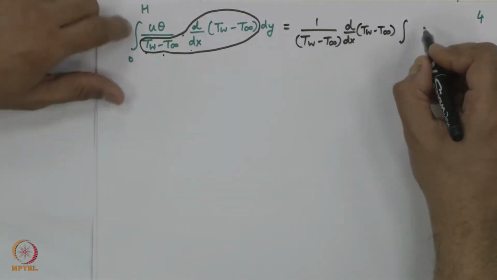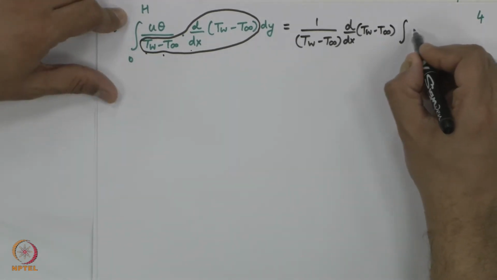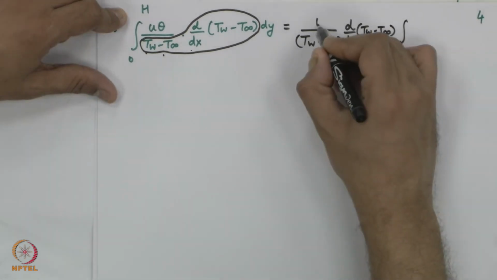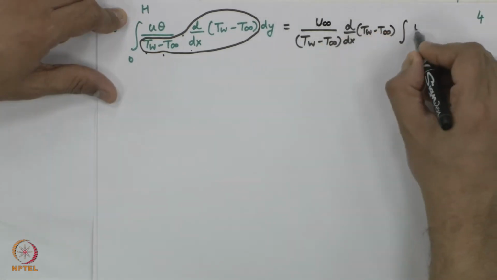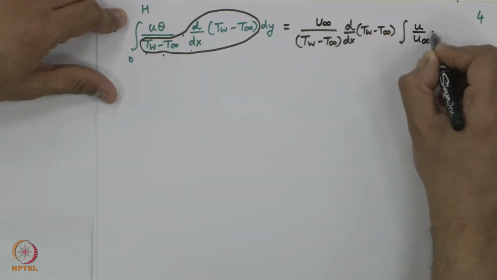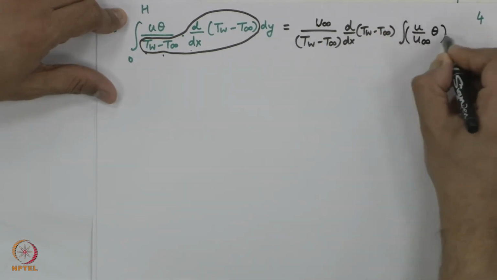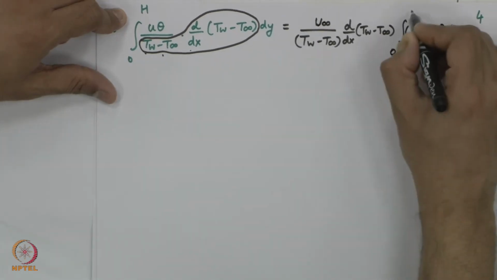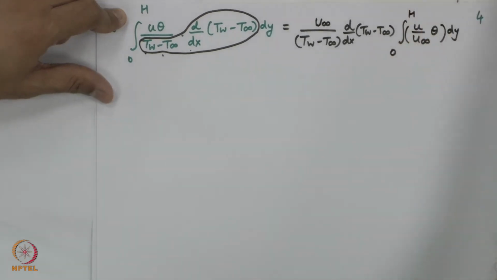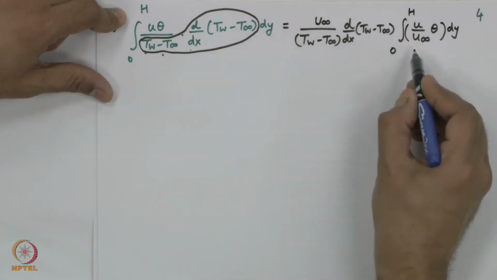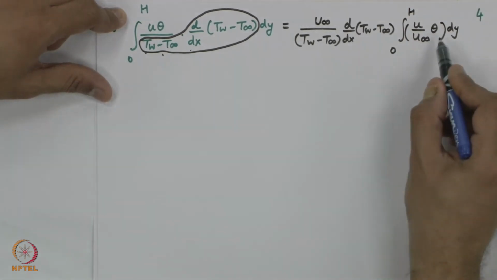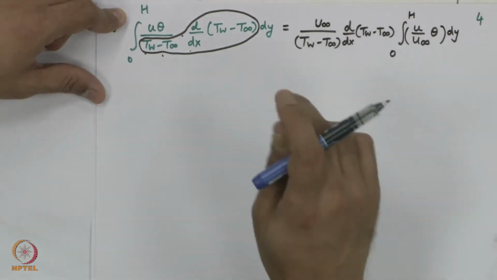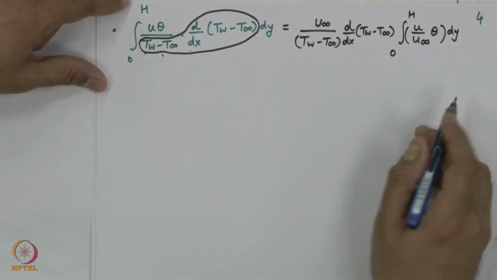Then I do exactly the same thing. U theta, I multiply and divide by u infinity, so u infinity times the integral of u by u infinity, theta dy from 0 to capital H. I hope you understood. Multiplied and divided by u infinity, theta as it is, and the u infinity comes out because it is only a function of x.